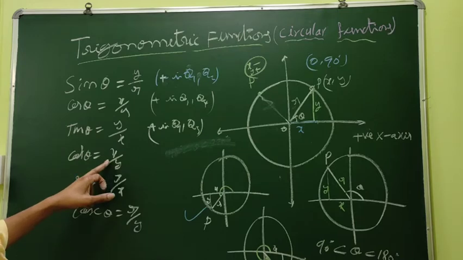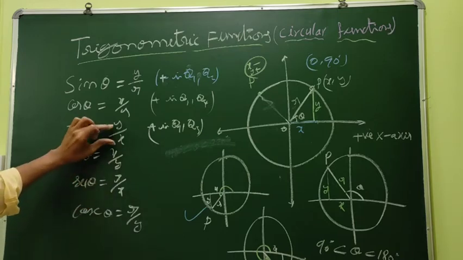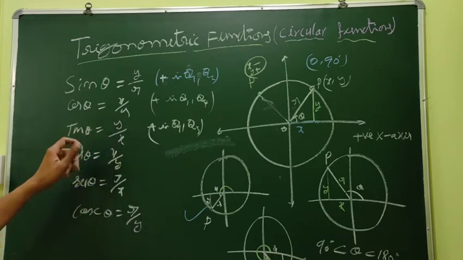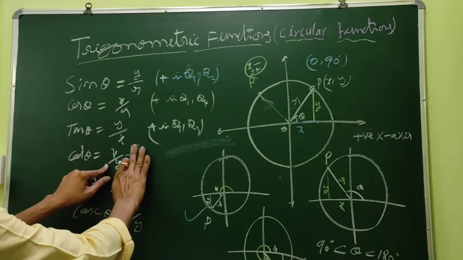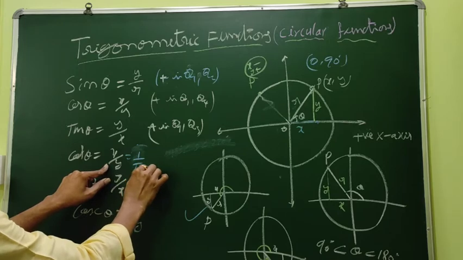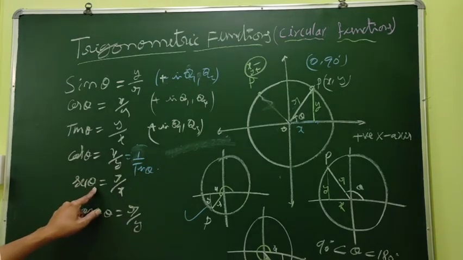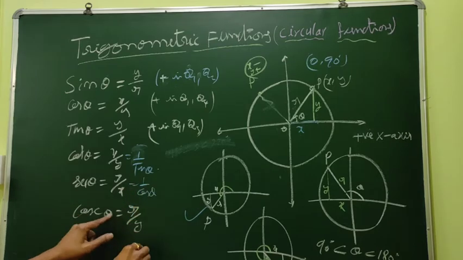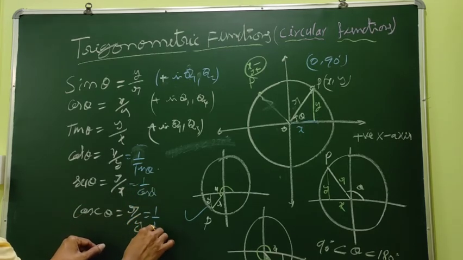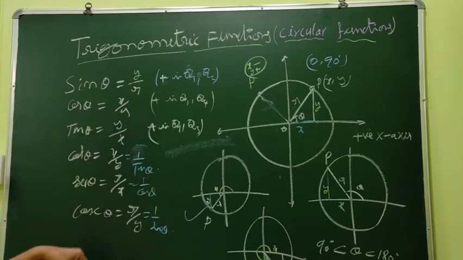Similarly, for the remaining ones, they are reciprocals. Cot theta is equal to 1 by tan theta. Sec theta is equal to 1 by cos theta. Cosec theta is equal to 1 by sin theta.